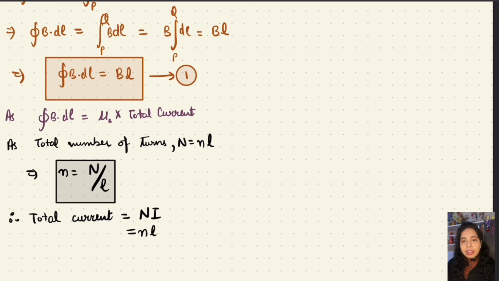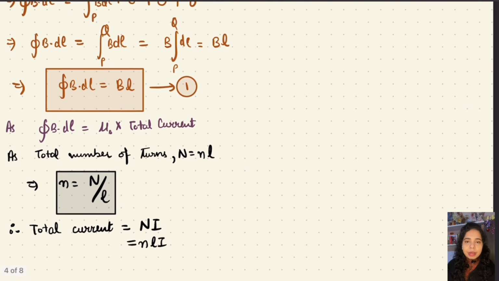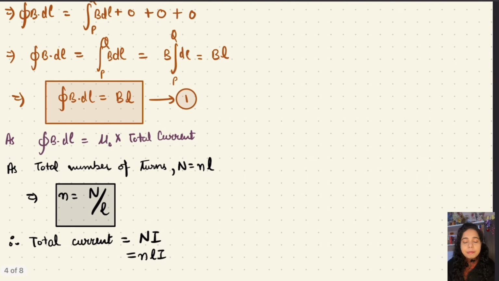Now we have closed integral B dot dl is equal to mu naught into total current, and the total current is the number of turns multiplied by I. So closed integral B dot dl is equal to mu naught nLI. This is our equation number 2, and this is the Ampere circuital law. Already we have solved closed integral B dot dl.